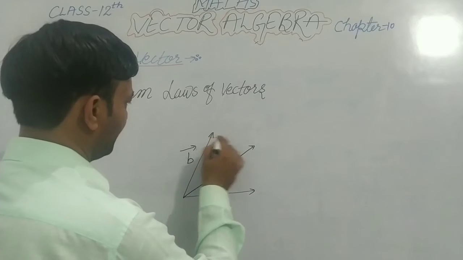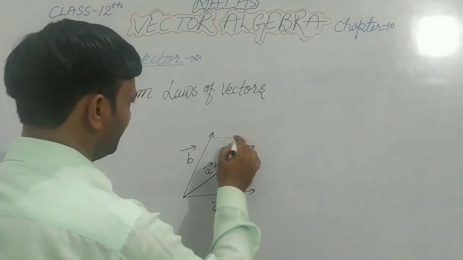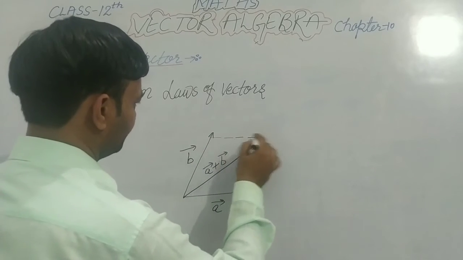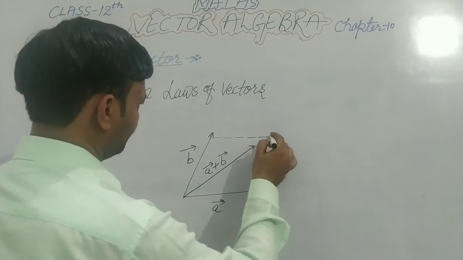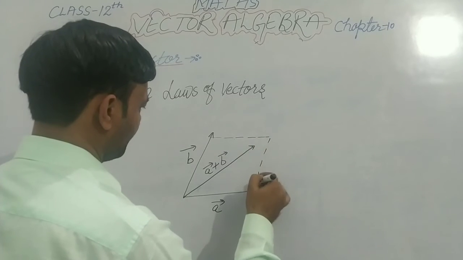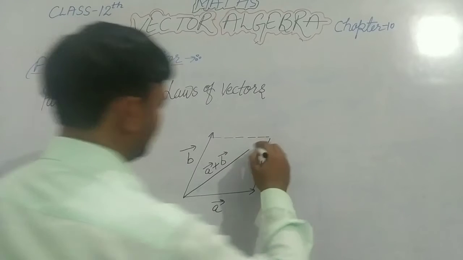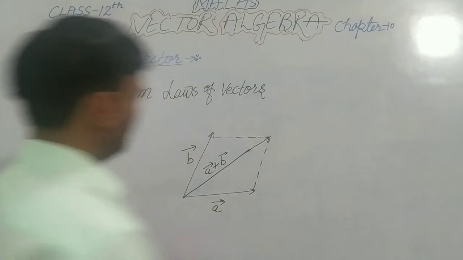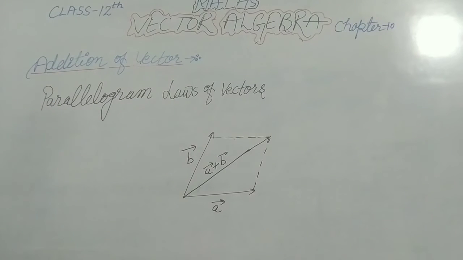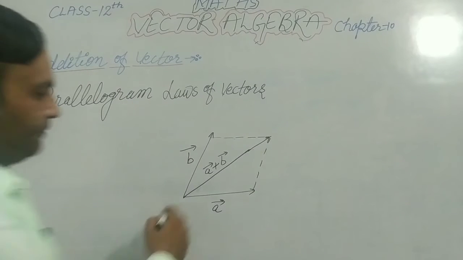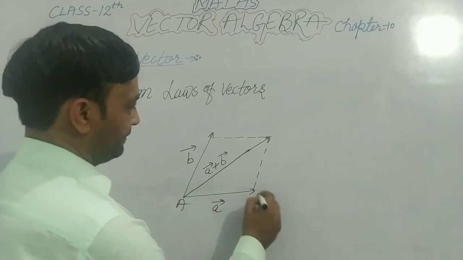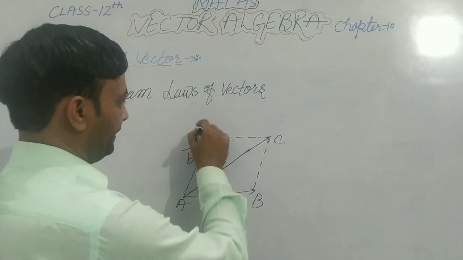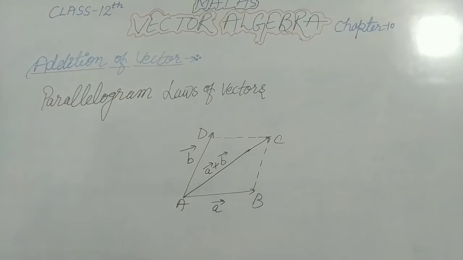I mean we can complete this parallelogram, so this is the parallelogram law of vectors. We can say if we write A B C D, we have a parallelogram.